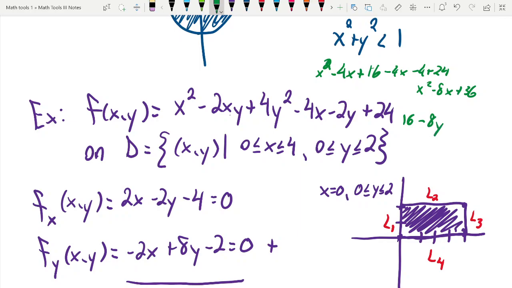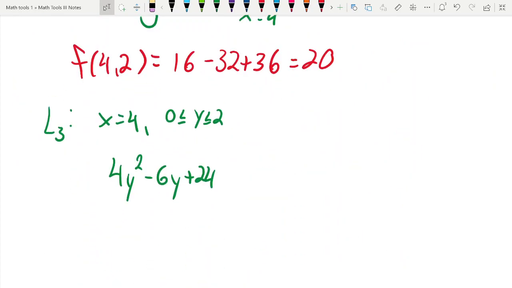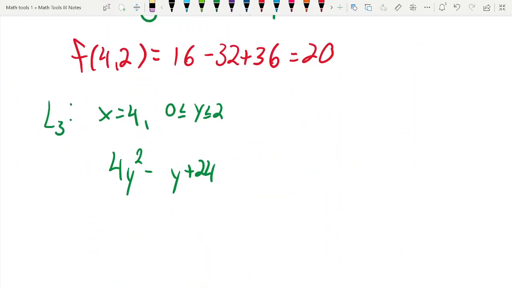So that's minus 8y plus 4y squared minus 16 minus 2y plus 24. Okay, so that's minus 10y. So 4y squared minus 10y plus 24.